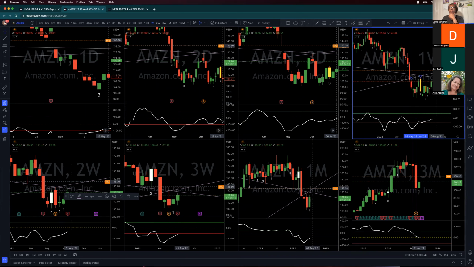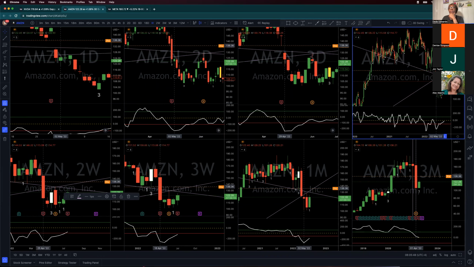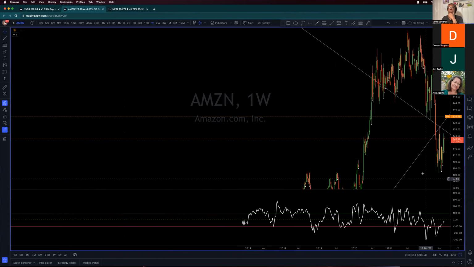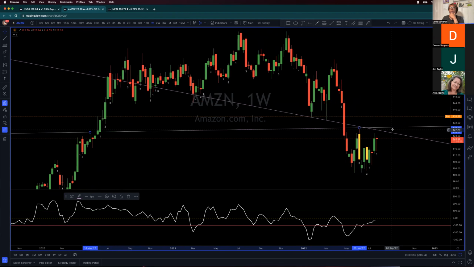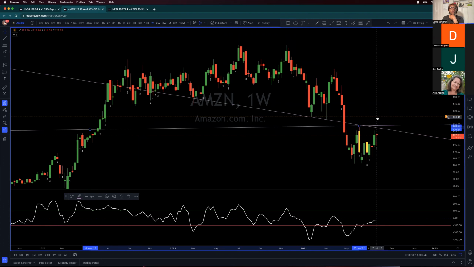It's already trading above this outside bar. I need to be able to see my broadening formation. Because this is a weekly, guys, today is Friday, it's the end of the week, and so I'm on the weekly chart. It's already up in this range. You have this outside bar here, and so maybe it holds this level.